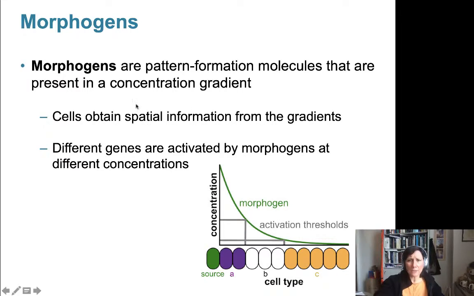What this graph is trying to show you is the concentration of the morphogen being plotted here. Different cells have different thresholds at which they are activated by these morphogens, and then will begin to differentiate into different cell types.